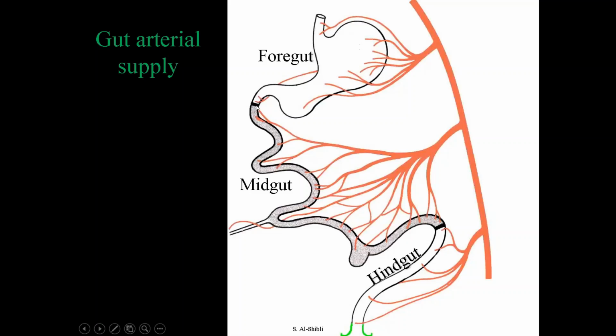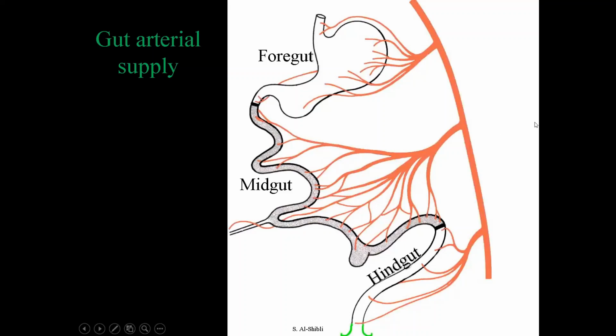Then the midgut starts from the lower half of the duodenum, including the whole intestine, up to 2/3 of the transverse colon. Then the hindgut starts, including the lateral third of the transverse colon, the sigmoid, the rectum, and up to the middle half of the anal canal.